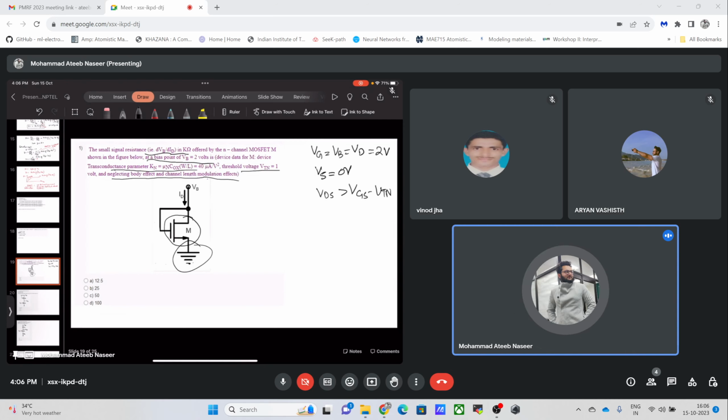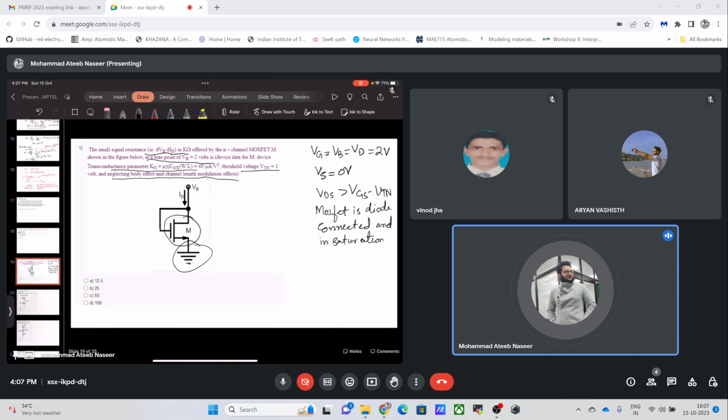The MOSFET is basically known as diode connected. Let me write it: the MOSFET is diode connected and in saturation.